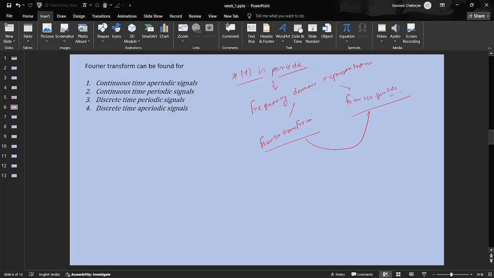If the signal is periodic, it would have a specific time period. In Fourier series, we deal with the fundamental frequency, that is the fundamental time period. So we would prefer Fourier series for periodic signals. Okay, that's absolutely true.